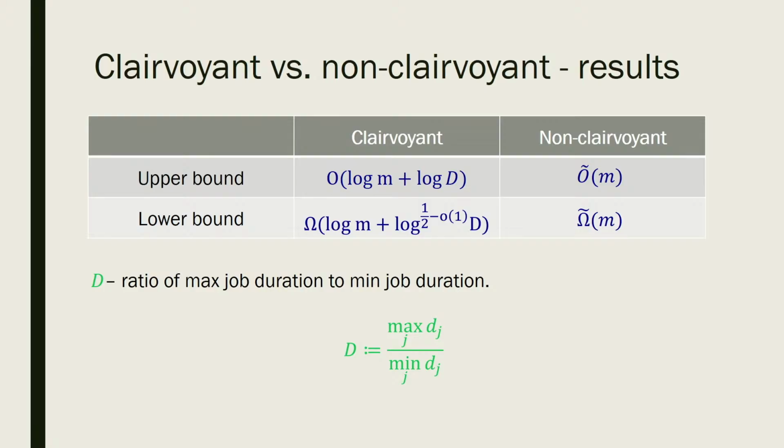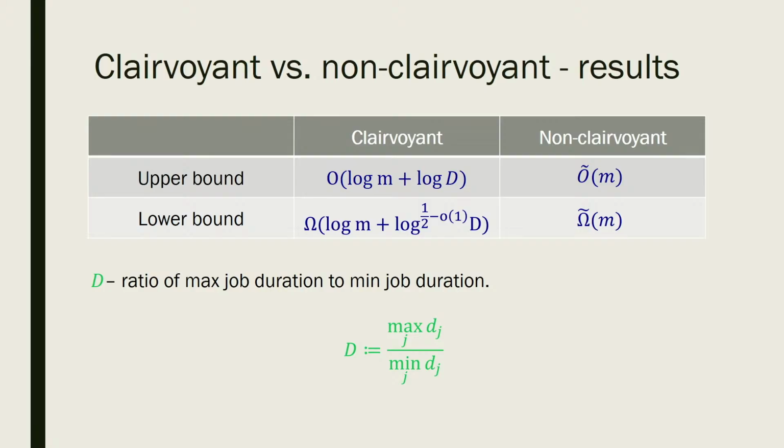So this is the variance in the duration, and it also enters in the log. However, the non-clairvoyant one has a lower bound of omega of m, and an upper bound as well. So there is an exponential gap between knowing the duration and not knowing the duration. Sorry, this is the upper bound and this is the lower bound. The lower bound here is not exactly D.